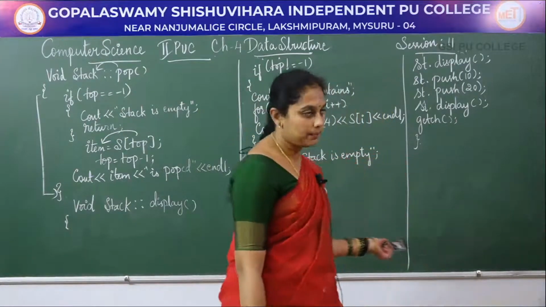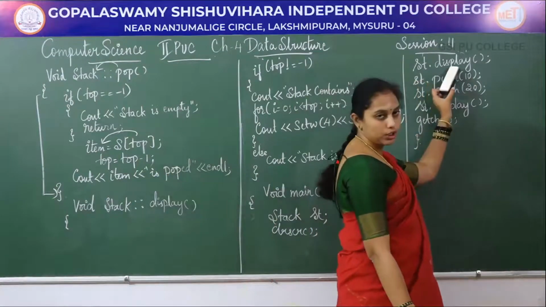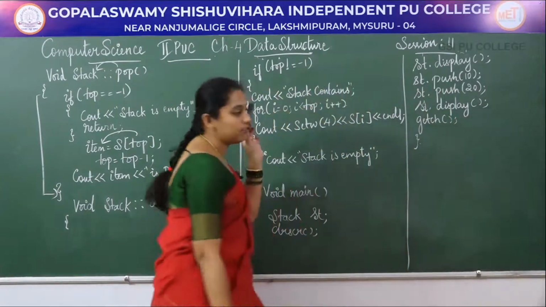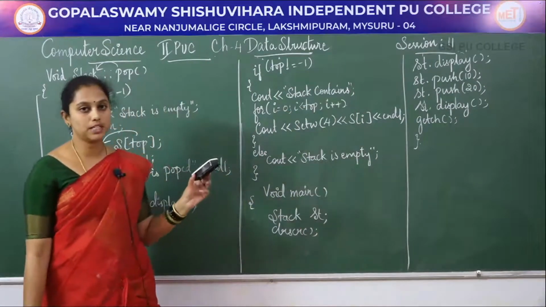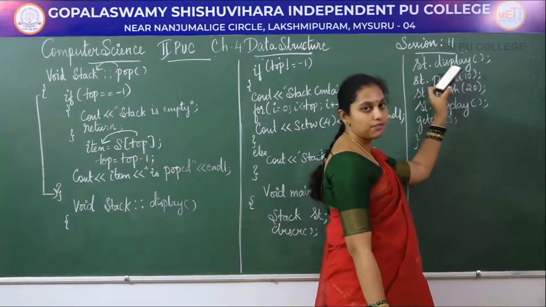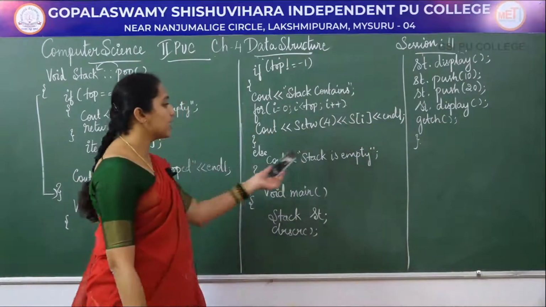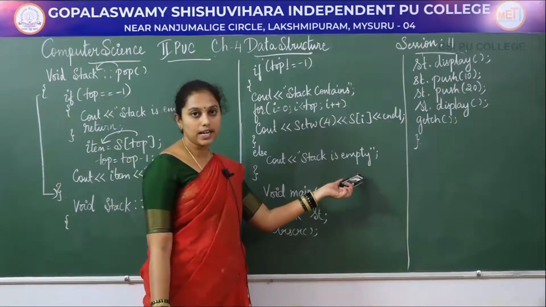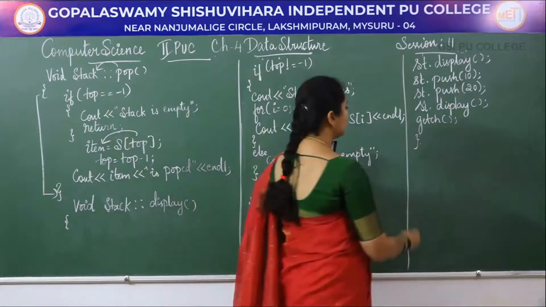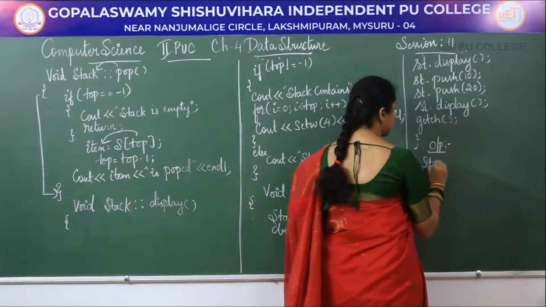When the display function is called, first we have created an empty stack. So while calling this display function, first it will print that the stack is empty, as it does not contain any items.